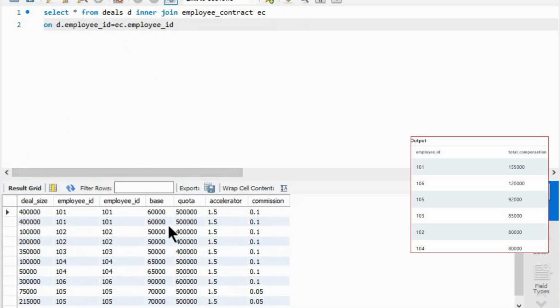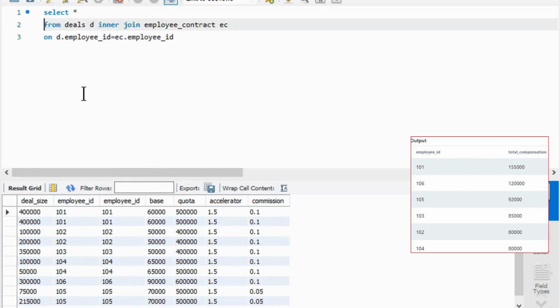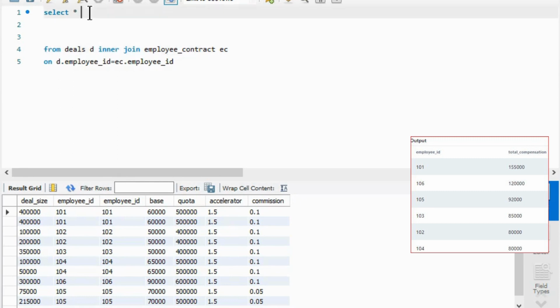We got the deal size, base, quota, and commission, everything. Now we only need the criteria for how to calculate the total compensation.